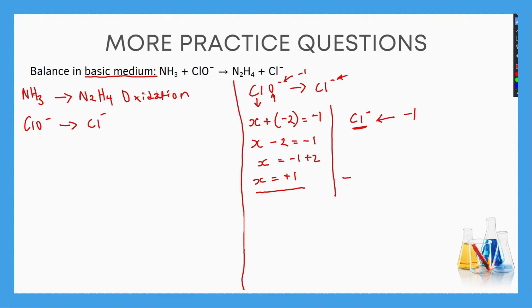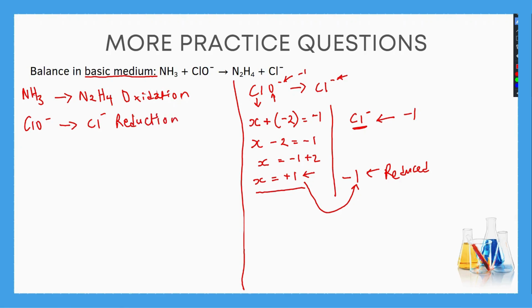So on the left hand side we have a charge of +1, and on the right hand side a charge of -1. When it goes from +1 to -1, has it increased or has it reduced? Of course it has reduced. So that tells us that this is our reduction half.